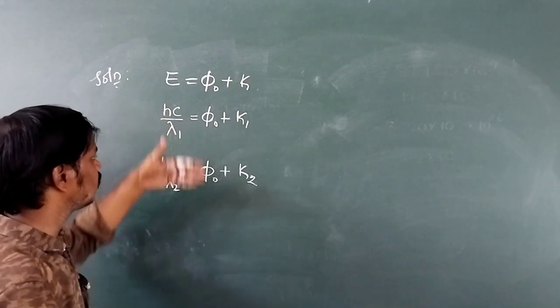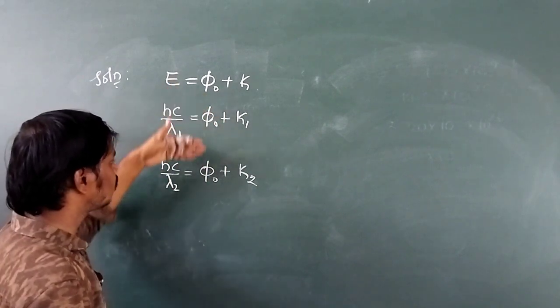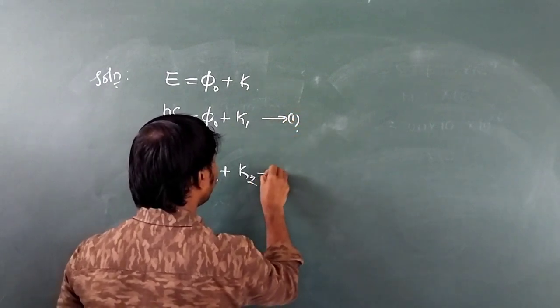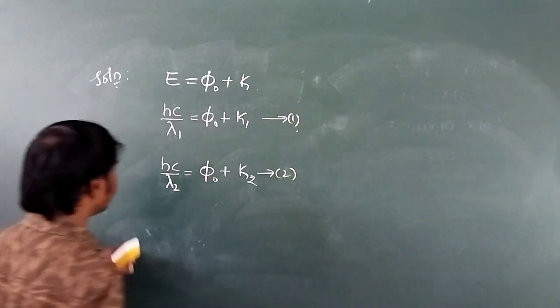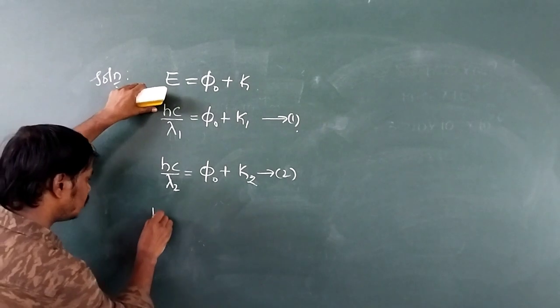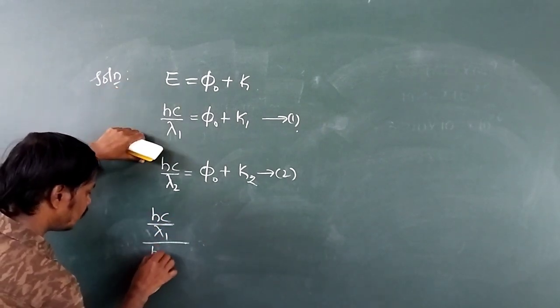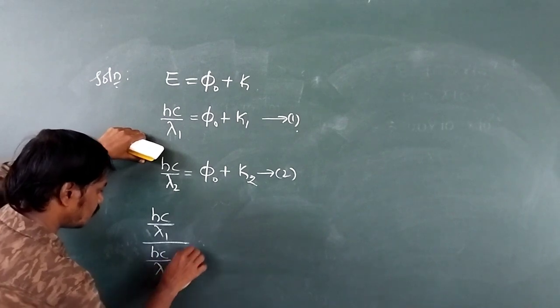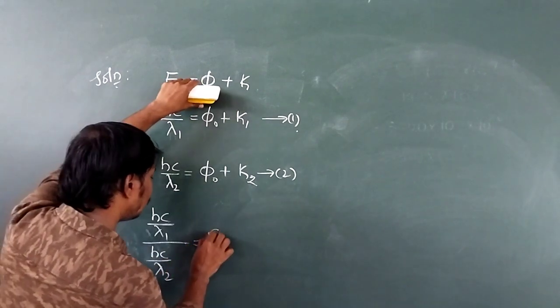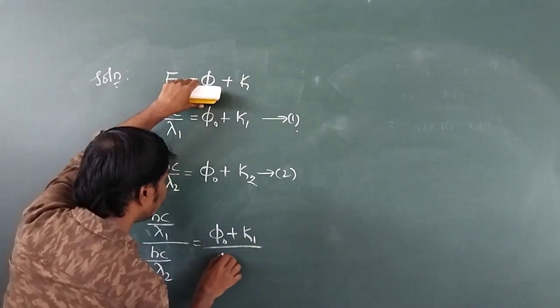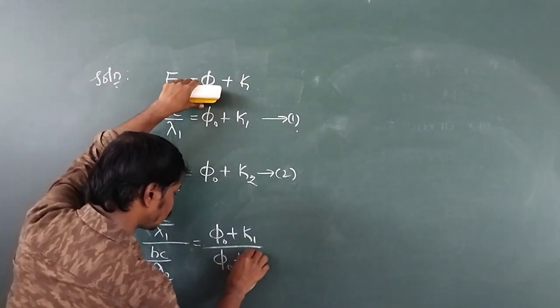So let us divide equation 1 by equation 2. Let us take it as equation 1 and equation 2. Then hc by lambda 1 whole divided by hc by lambda 2 is equal to phi naught plus K1 divided by phi naught plus K2.